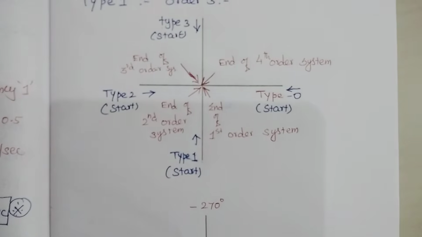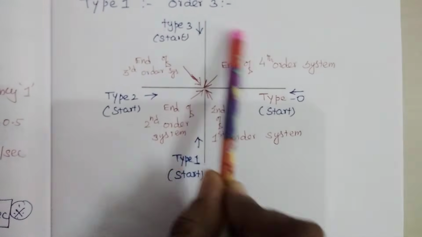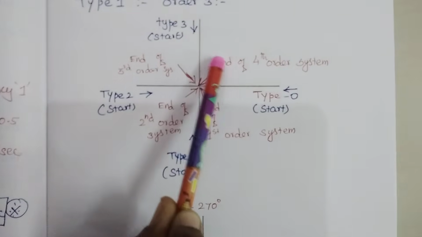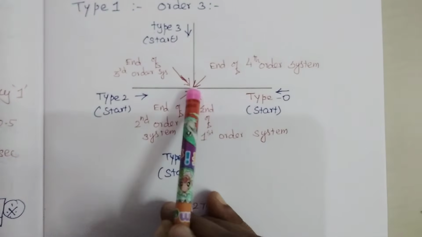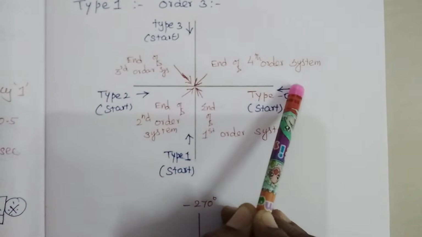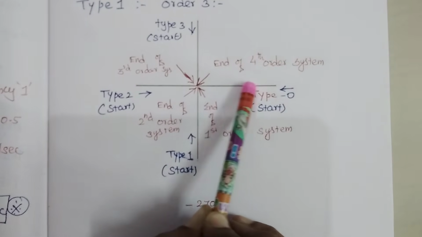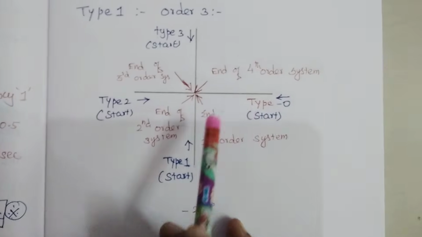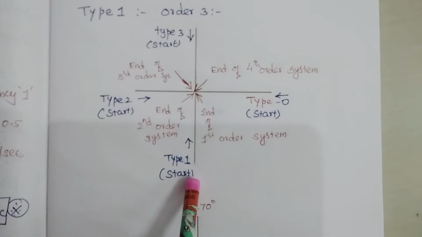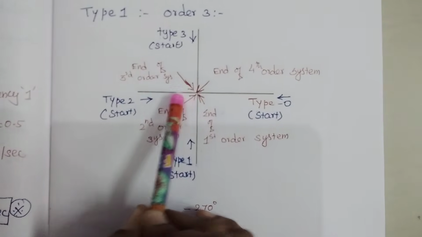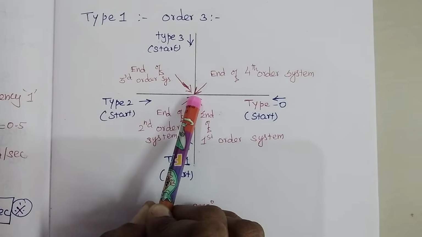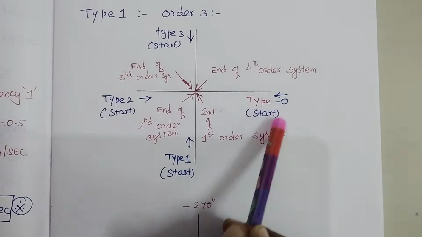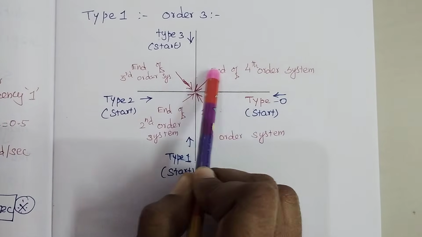For drawing the rough diagram, consider the type and order of the system. For all the cases, type 0 systems are represented here on the right side of the horizontal line, then type 1 system, type 2 system and type 3 system. All the plots start with the type and end with the order.